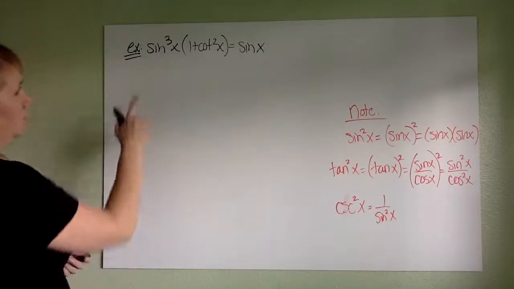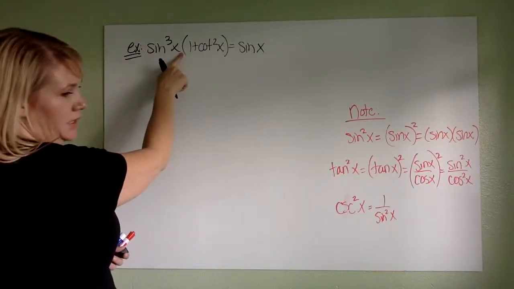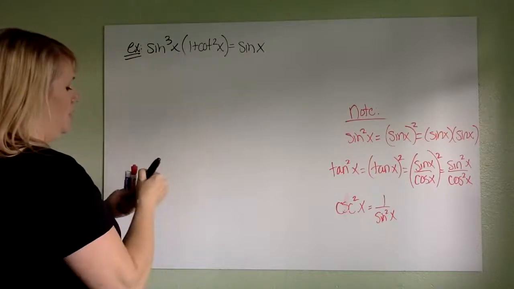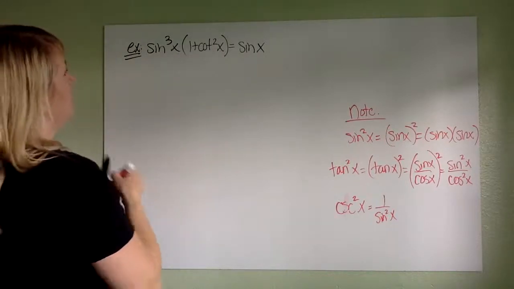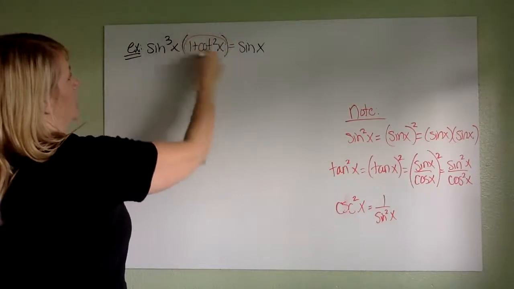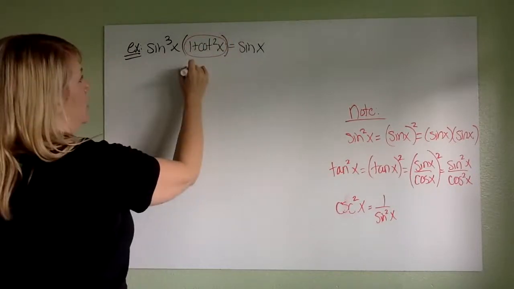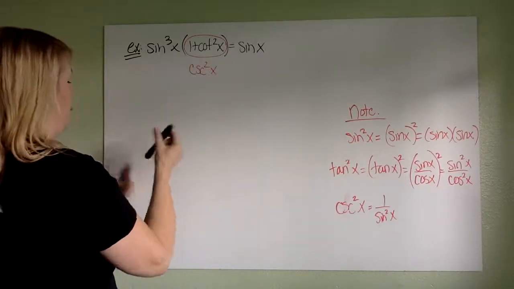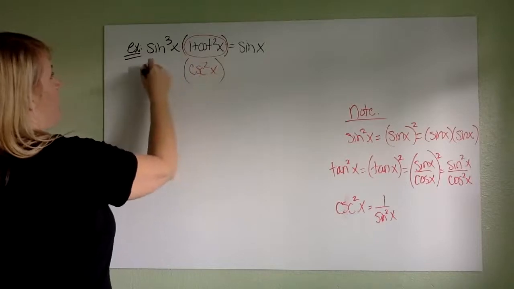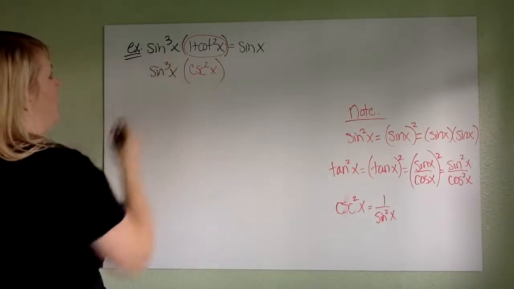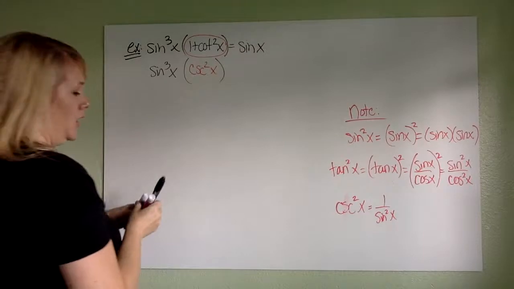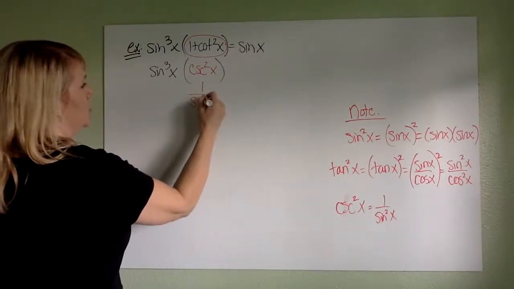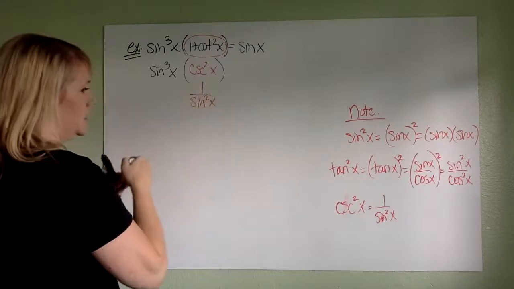Okay, so this is the sine cubed multiplied by 1 plus the cotangent squared of x, and that's supposed to equal the sine. So looking at my Pythagorean identities, I can replace that with a cosecant squared. And then we know that cosecant squared, using this identity right here, is the same as, or rule, I guess it's more of a rule, it's not an identity.